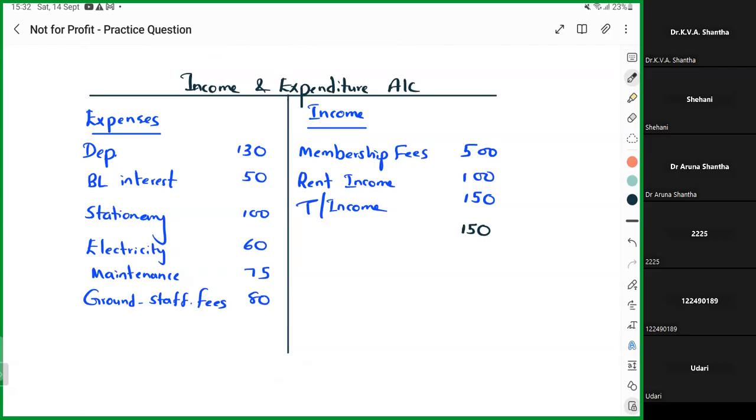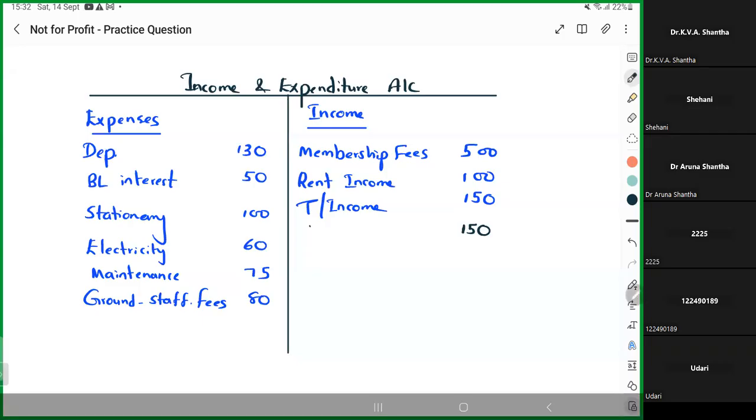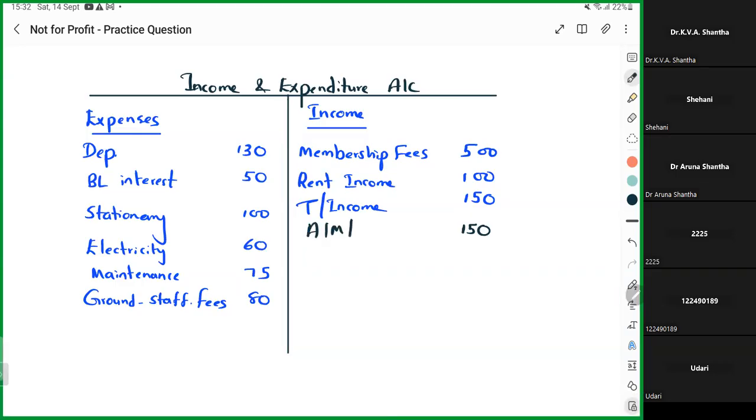So in accounting for not-for-profit organizations, there are different accounting practices. This is one way of accounting special donation. So 150 is from auditorium modification fund.